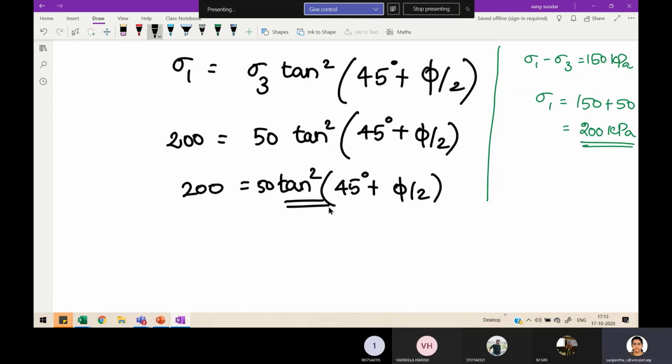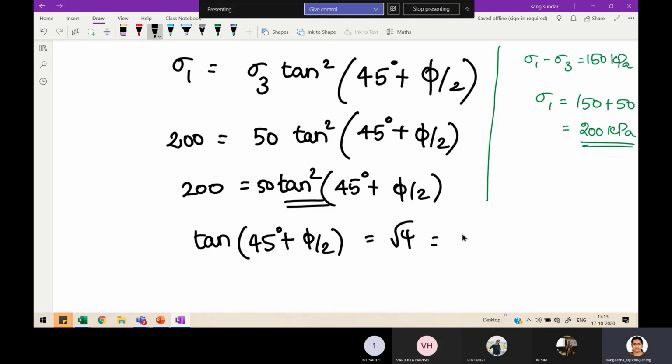So root also has to be taken. Are you guys multiplying and finding out the answer? So tan (45 degree plus phi by 2) is equal to root 4.